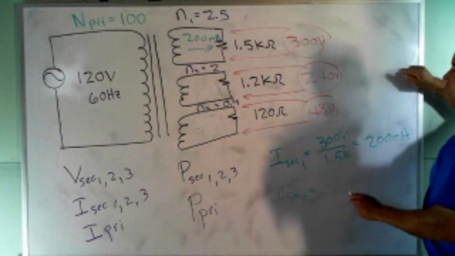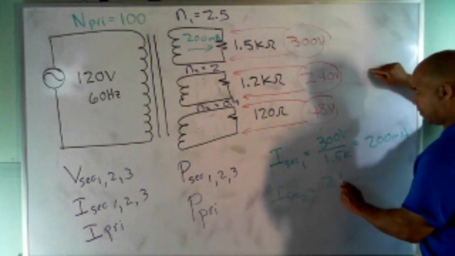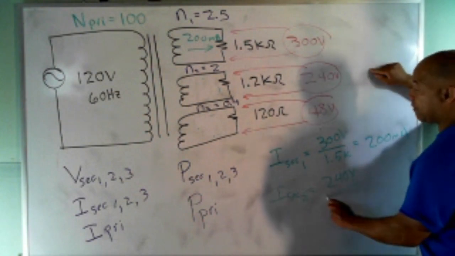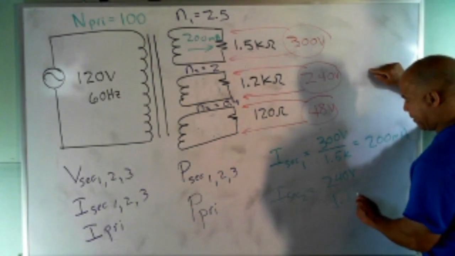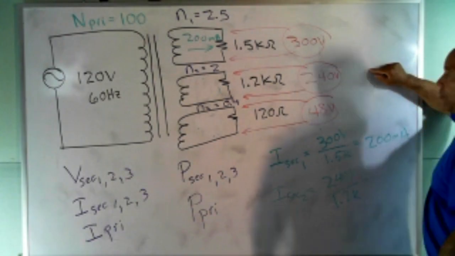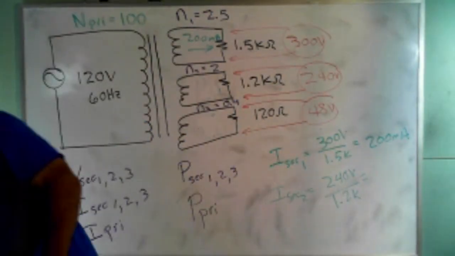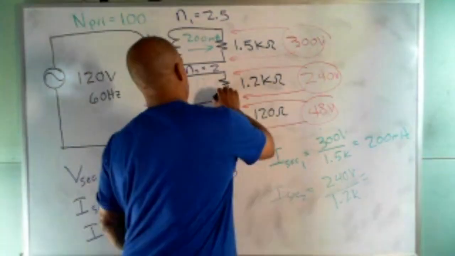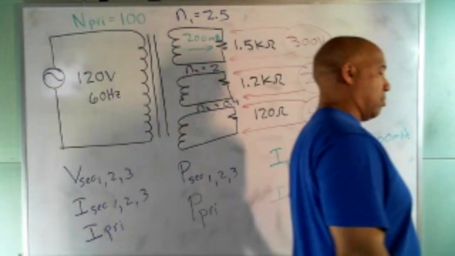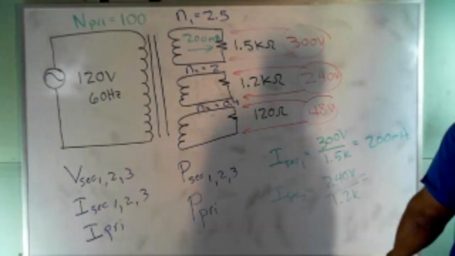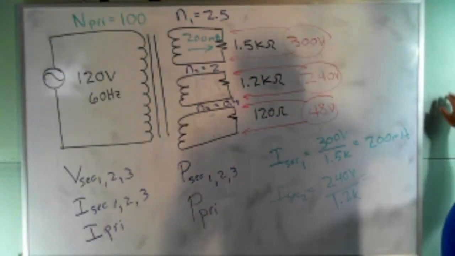It's going to be 240 volts divided by 1.2K. How much is that one? I got 200 milliamps for that as well.